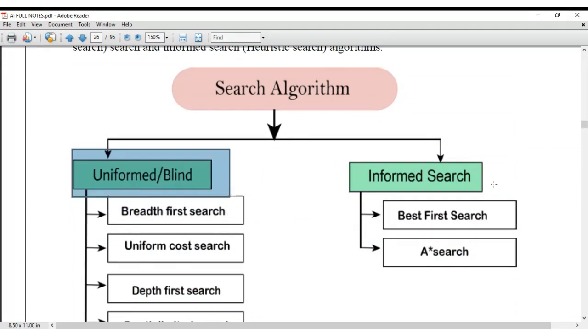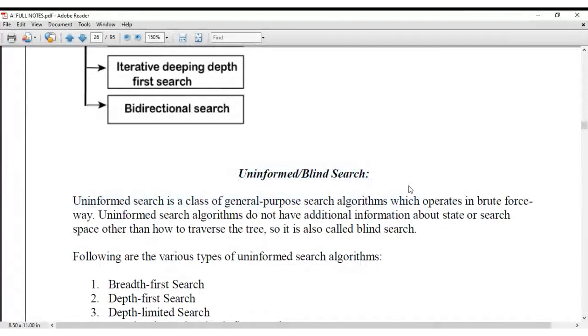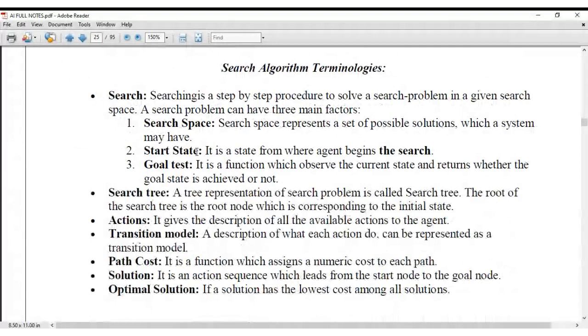So let's begin with uninformed search algorithms. These are search algorithms that do not have additional information about the search state. Remember, we talked about the states. A state is where the agent begins the search.